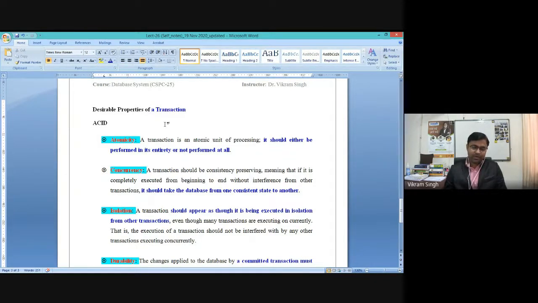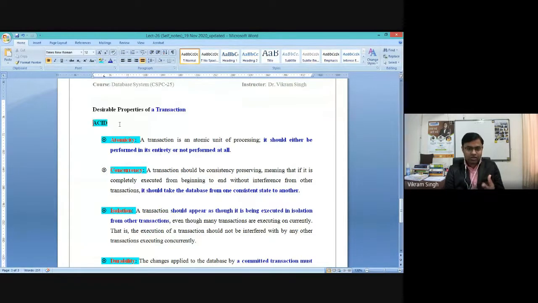ACID properties are basically given as a proposed solution for these failures and situations. It is said that whenever a transaction is executed along with other concurrent transactions in the database, the DBMS software should ensure these four properties on each transaction.